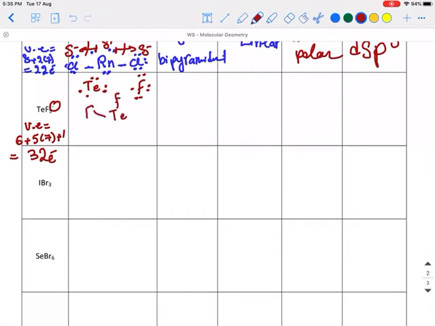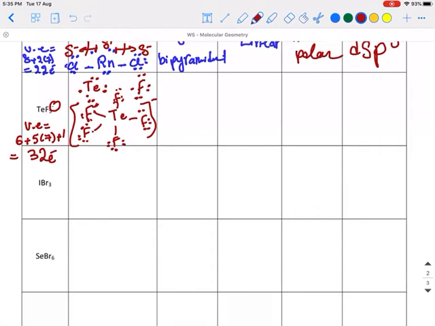Let us draw it. So we have tellurium and 5 fluorine surrounding it, and here minus. Each fluorine has 3 lone pairs of electrons. If I want to count the electrons, each fluorine carries 6 electrons, times 5, so 30.